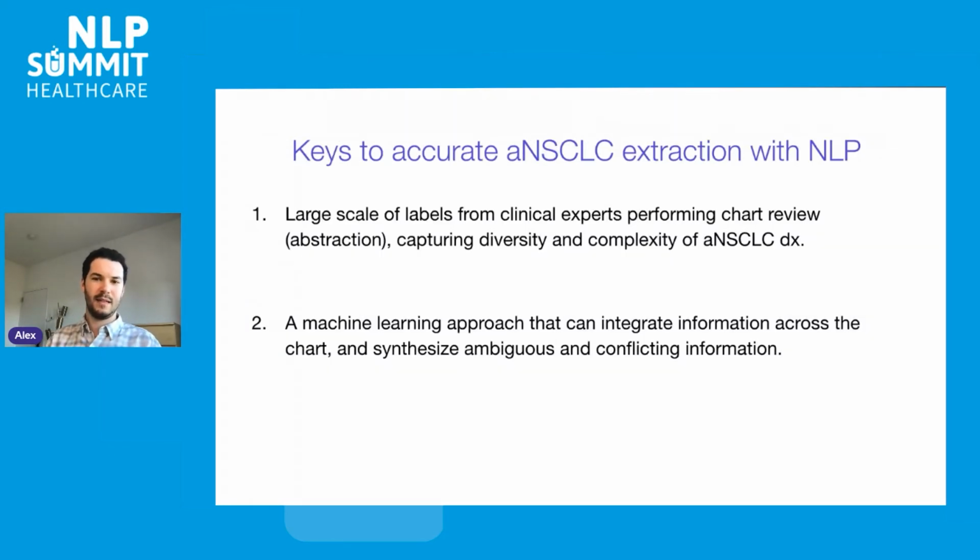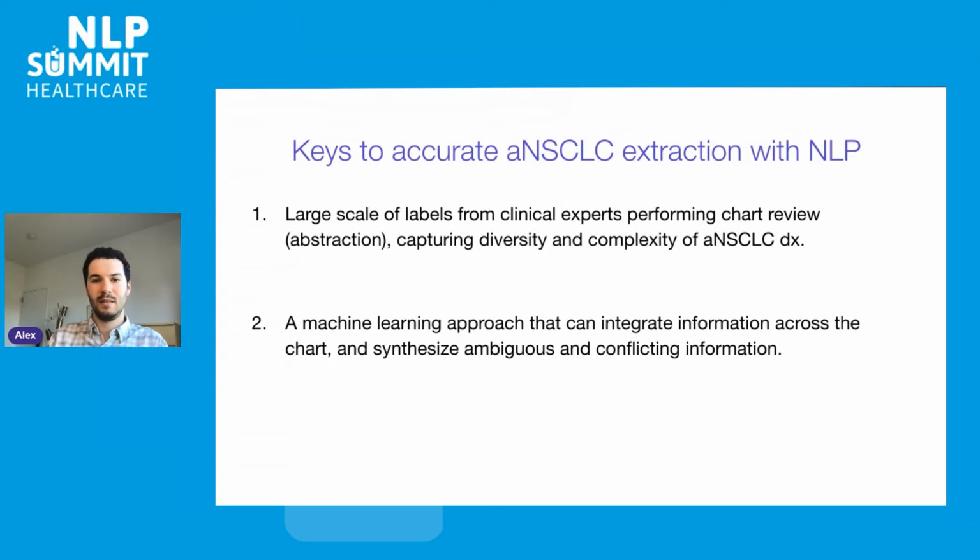Given this complexity, there are two keys to being able to accurately find advanced NSCLC diagnosis date with NLP. The first is having a large volume of labels from clinical experts who are performing chart review, also called abstraction, that we can use to capture the diversity and complexity of the disease and of its documentation.